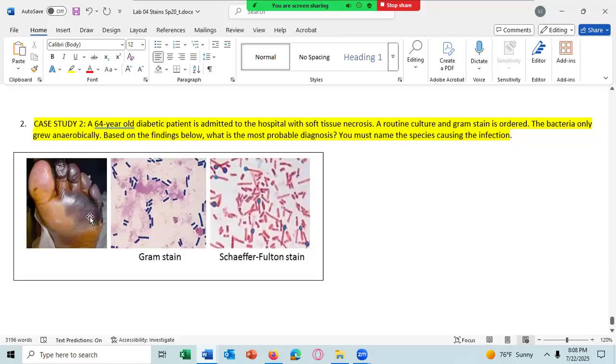So there's the patient's foot. There's the gram stain. So you can see if it's gram negative or not, as well as the shape of the bacteria. You also see the Schaefer-Fulton stain showing a structure in the cells. You have to figure out what structure that is, and then go look up what species caused this infection. You just need to look in the lab module. All right, any questions about the case studies?